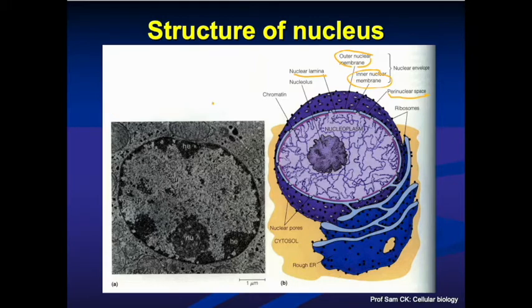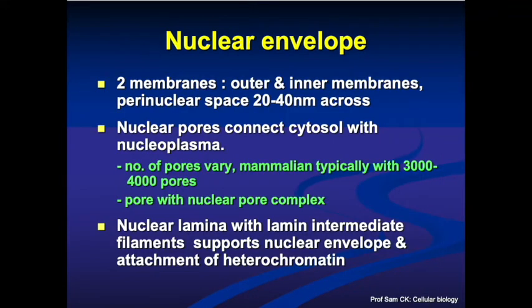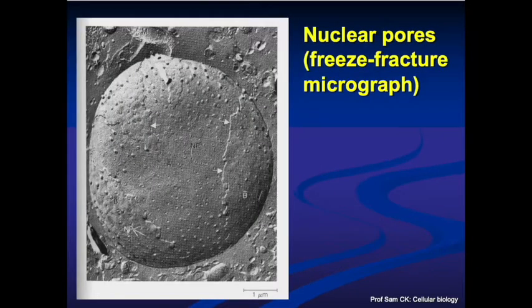The lamin intermediate filaments support the nuclear envelope so that it won't collapse. This is how the nuclear pores look under the microscope, in a freeze fracture micrograph. You can see those tiny bits over there, which represent the nuclear pore complexes.